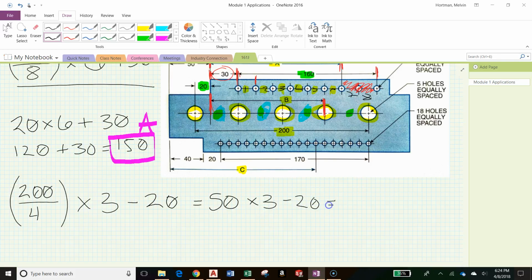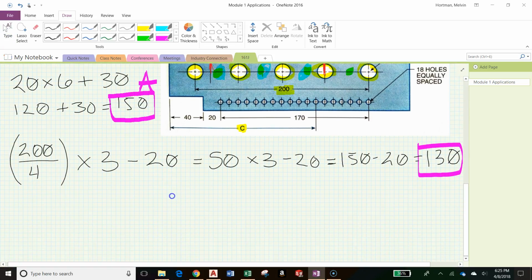And then 50 times 3 is 150, minus 20. 150 minus 20 is going to be 130. And there we go. Wonderful. Now for the last one, which is going to be C.